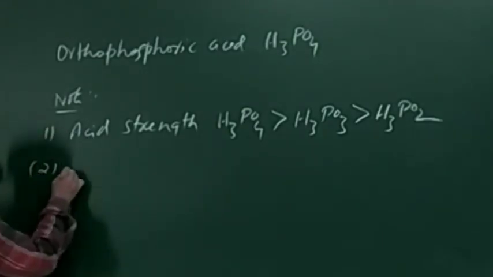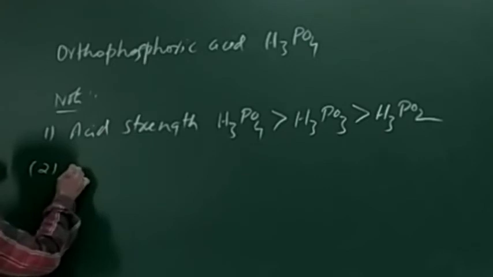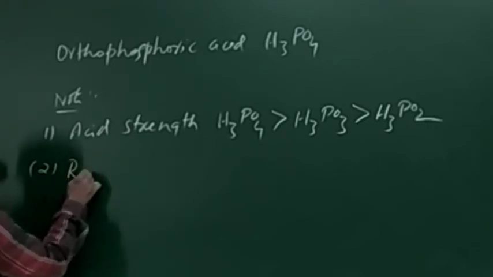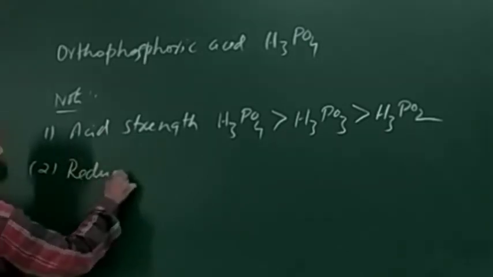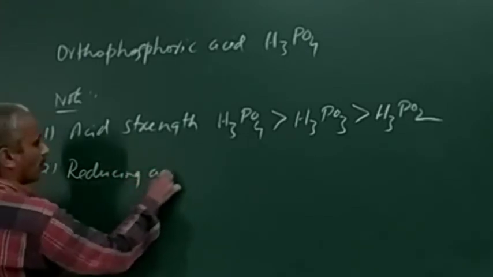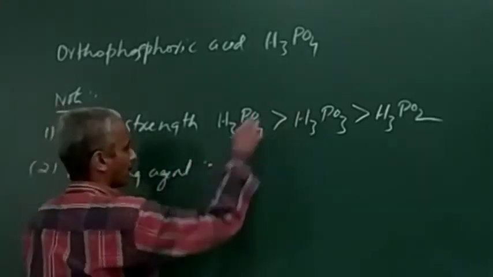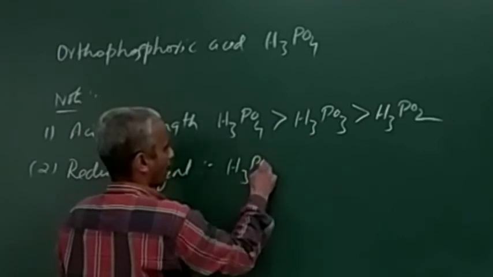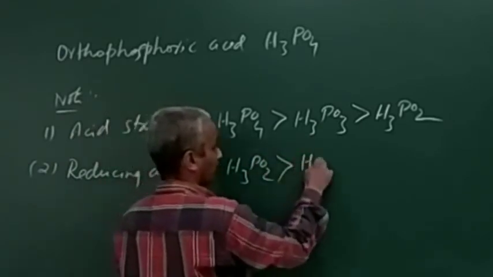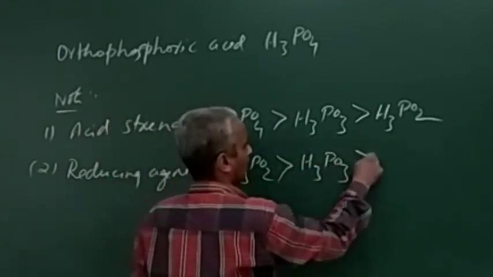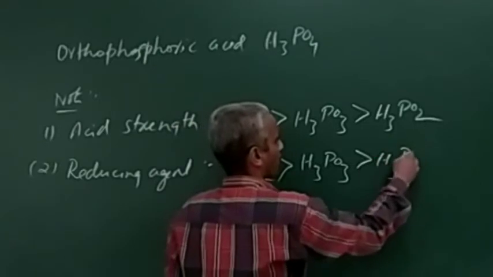Second one, reducing agent property. Reverse manner. H3PO2 stronger than H3PO3, stronger than H3PO4.